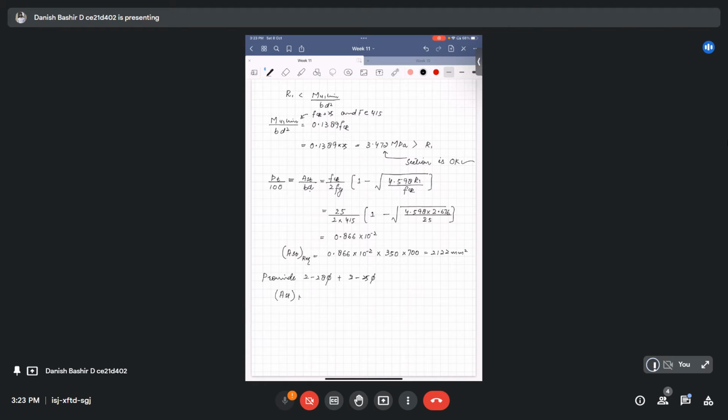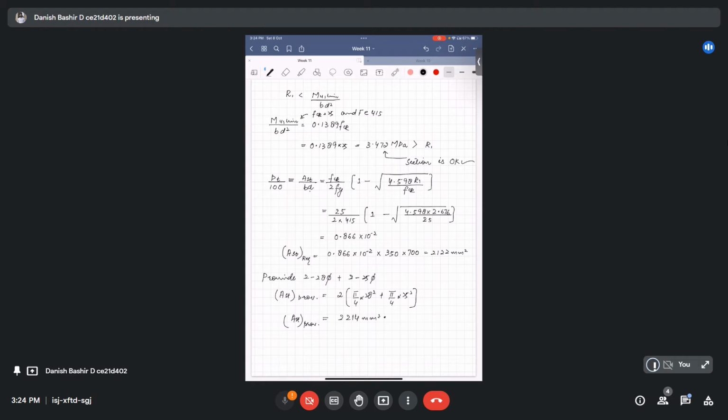So let us calculate the AST provided from this combination: 2 times pi by 4 times 28 square plus pi by 4 times 25 square, because we have 2 bars of 28 and 2 bars of 25. This comes out to be 2214 mm square, AST provided for this combination.